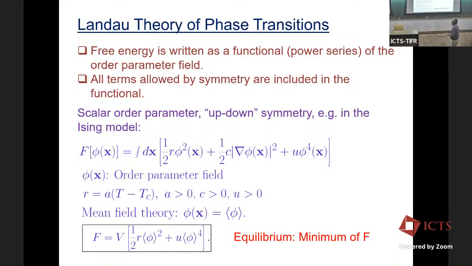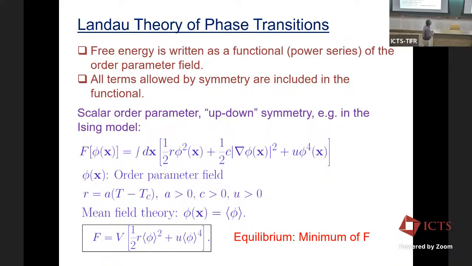Phi of x is a field that represents the kind of order the system is developing. So phi average is the order parameter. And the order parameter is 0 above Tc, and then it takes on some finite value for T less than Tc. So assume that you know what the order parameter is, and there is a field. The field is basically something which varies in space and time that corresponds to that order parameter.